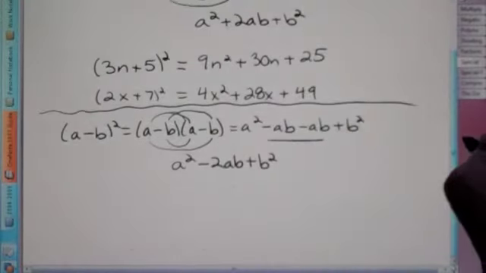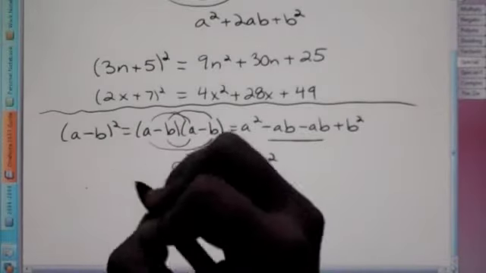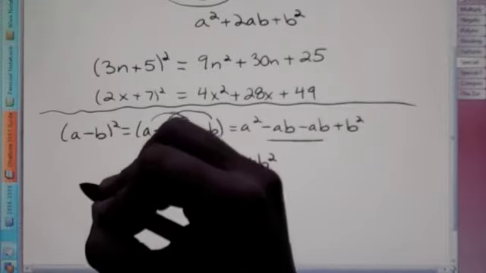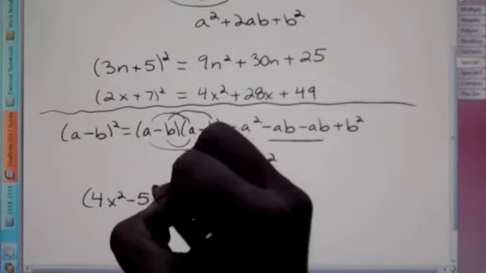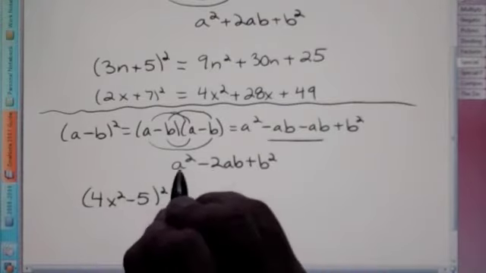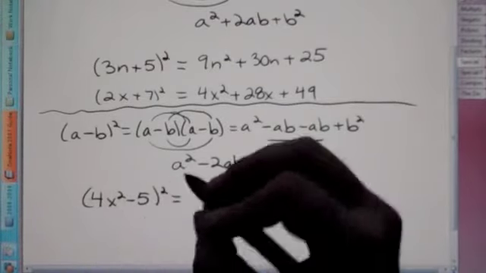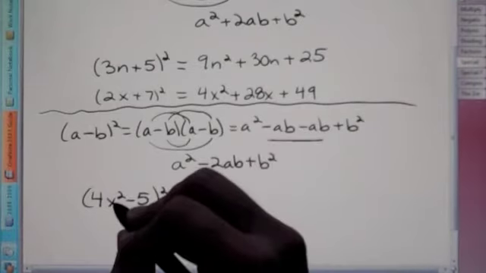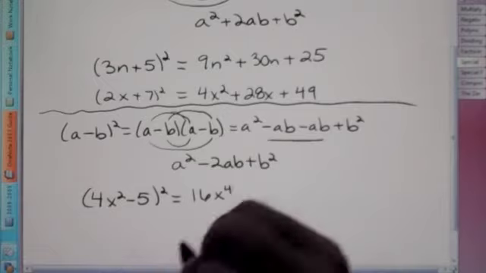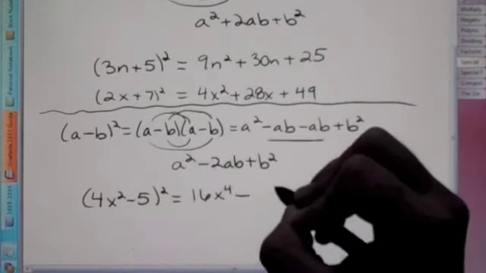Okay? So if I were to give you a problem like that, let's make this a tad bit more difficult. We have (4x squared - 5) squared. Okay? Again, 4x squared is in the position of a, so it says square it. So 4 squared is 16. X squared squared is x to the 4th. Minus says put a minus.